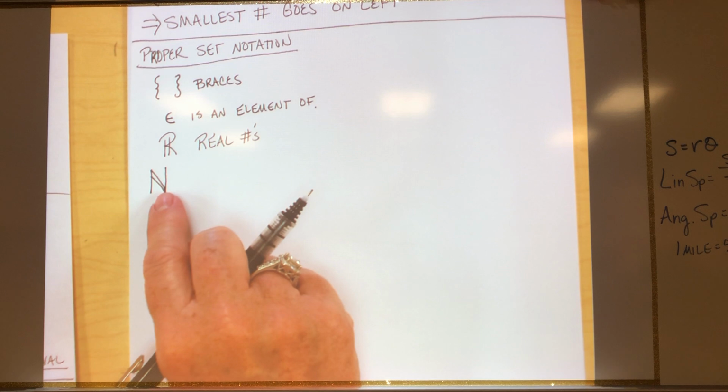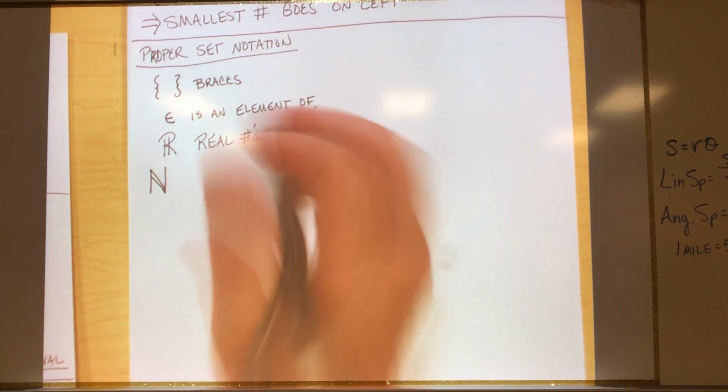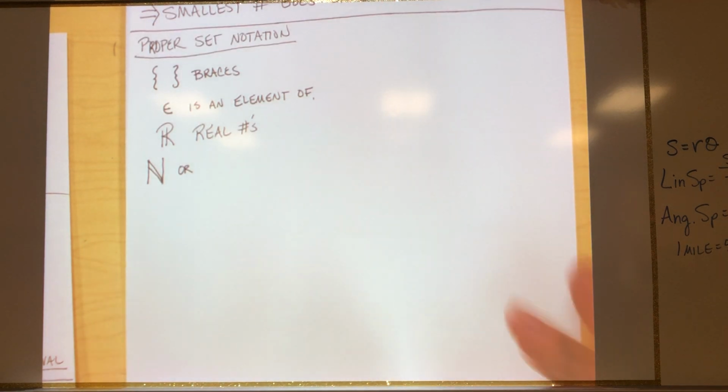All right? I always tell my kids, you can always remember it because math people, are we good at spelling? No, we're not good at spelling, okay? And so someone said, well, what are we gonna call the integers? And someone said, oh, I know, let's call it N, because it starts with an N. And it doesn't really, but it sounds like it does, okay? But then, I guess they got offended, because everybody gets offended now.